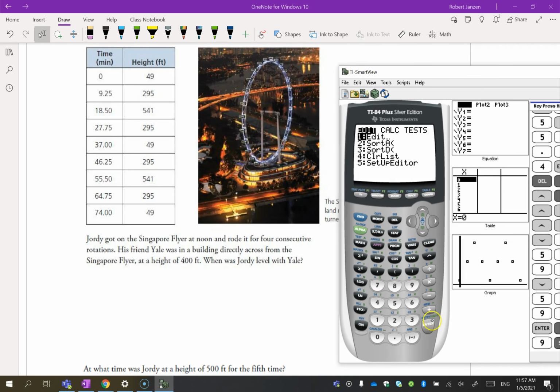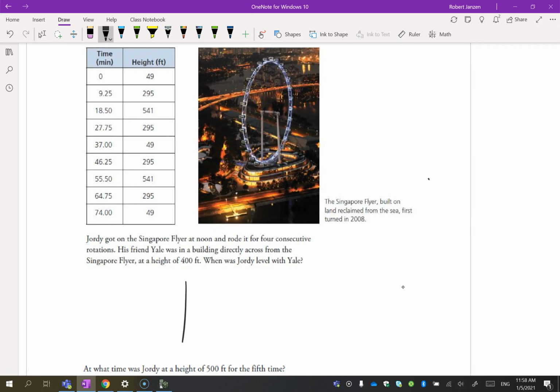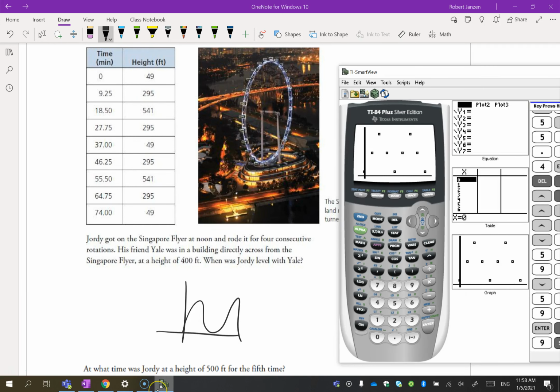Okay, so I've entered the information into the spreadsheet, or the 2 lists, and I've graphed it. You don't have to sketch this, but you can see that it looks like it's going to have 2 bumps like that. But the question is not asking us to graph it.